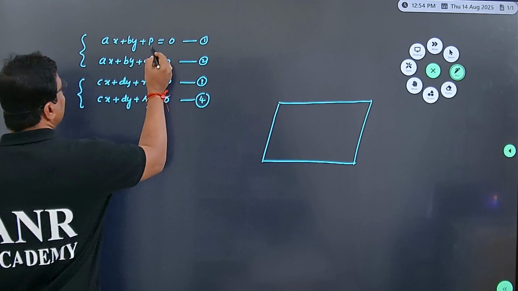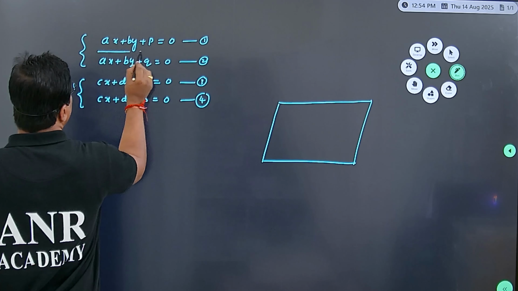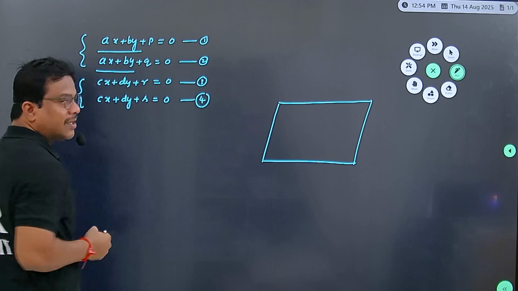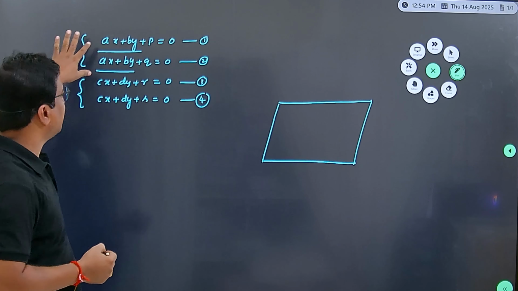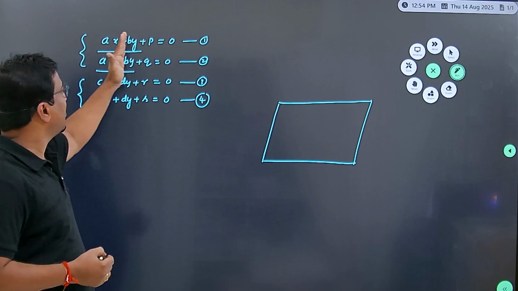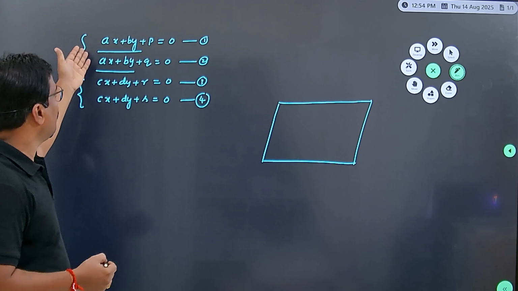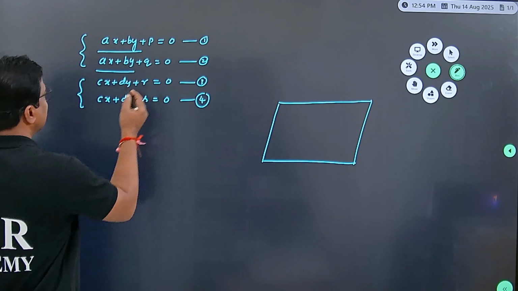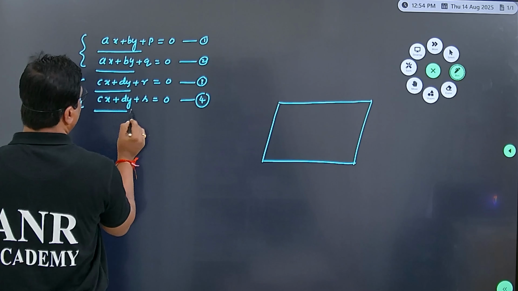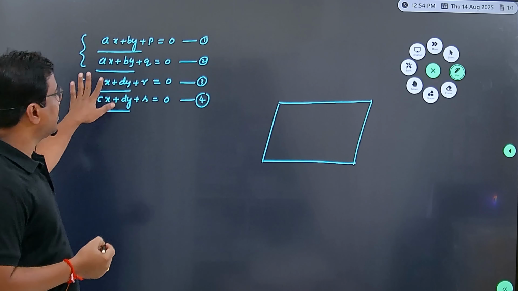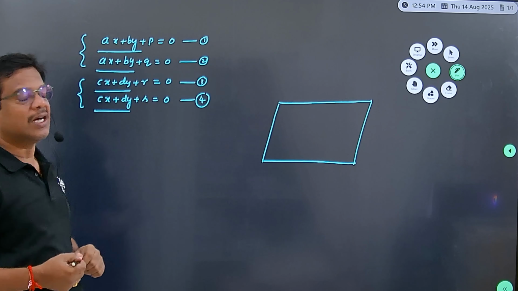Only the difference is in the constant. ax plus by, ax plus by. Up to here, the equations have the same coefficients, only the difference in constant. These two are parallel. Up to here, the x terms and y terms are the same, only the difference in constant.